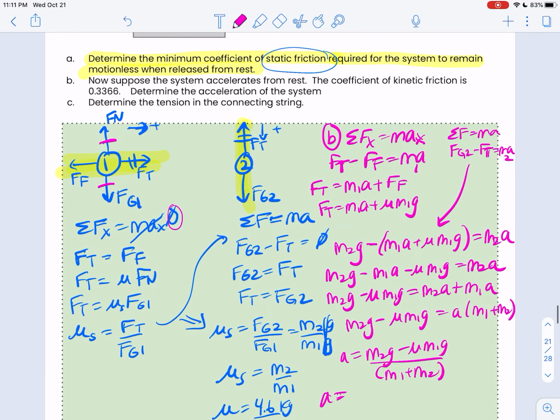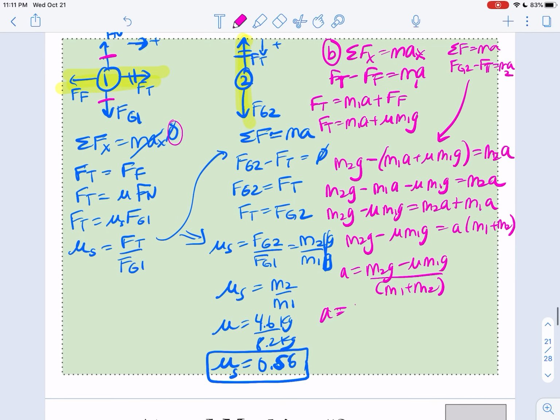Okay, m2 was 4.6 times 9.8, mu is 0.3366, m1 is 8.2, times 9.8, over those total. Like a miracle of God, if I can use a calculator: 4.6 times 9.8 minus 0.3366 times 8.2 times 9.8, I'm going to try to do this all in one line.